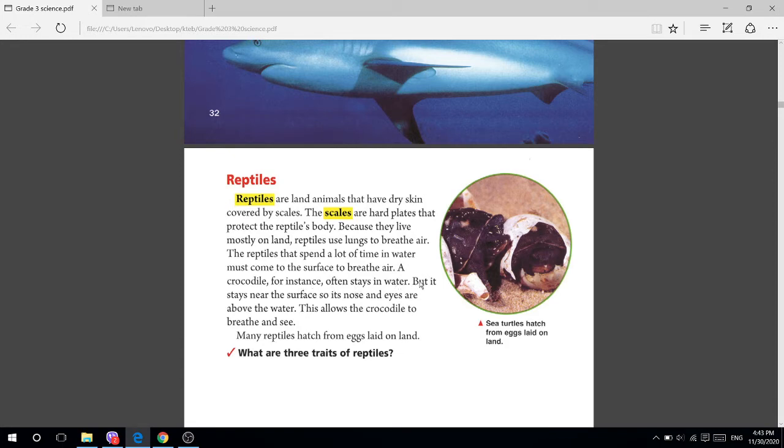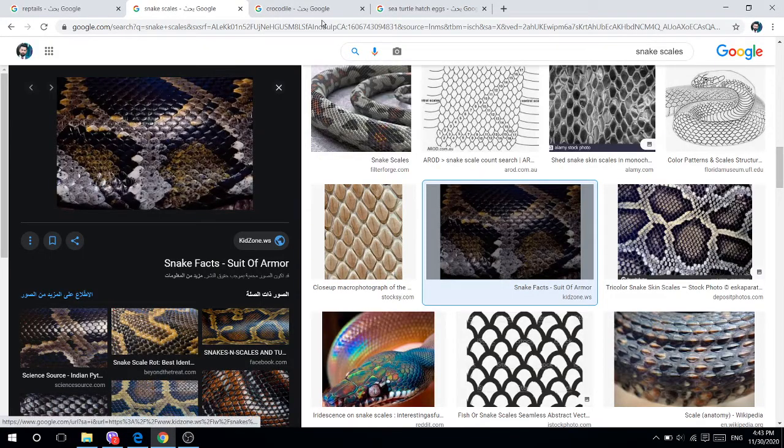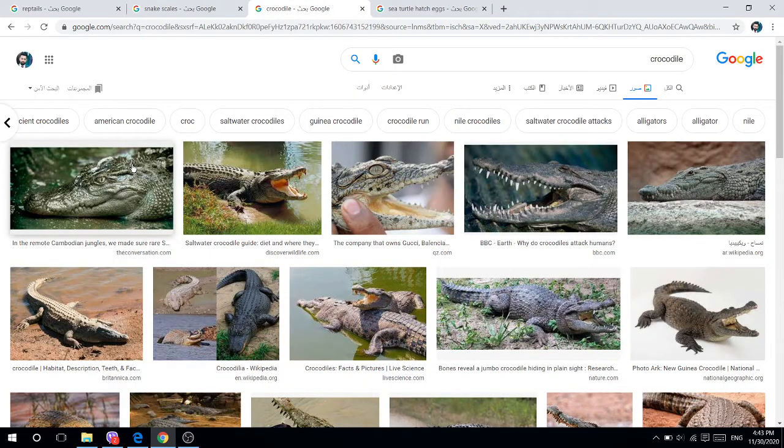Okay, but it stays near the surface, so its nose and ears are above the water. Let me show you the crocodile. Look, this is a crocodile. Okay, it's very dangerous.